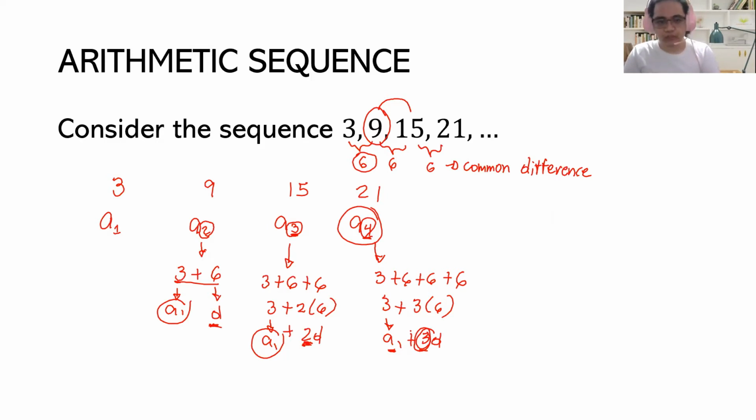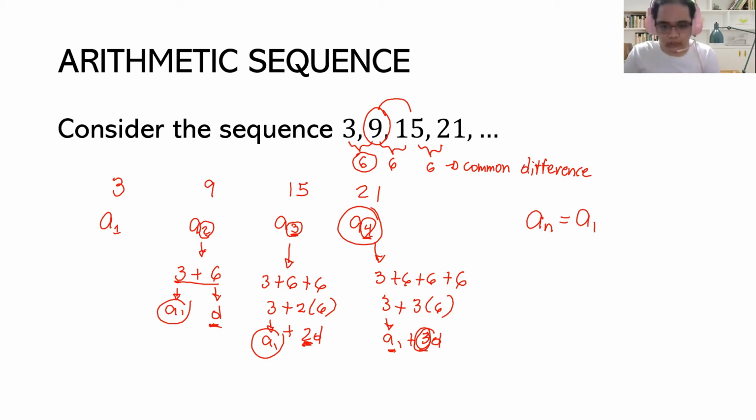Kung naobserbahan nyo yun, bali may minus 1 siya. Diba? So parang pag A sub 4, tatlong D lang. Pagka A sub 3, dalawang D lang. So may minus 1. So therefore, the formula will be A sub n equals A sub 1.